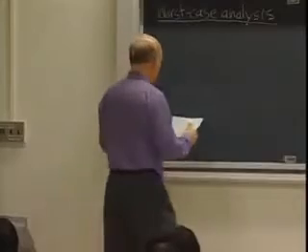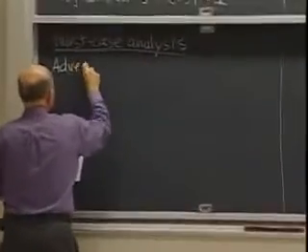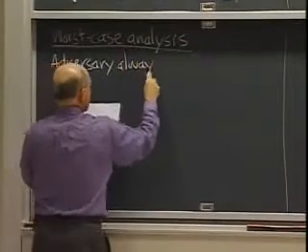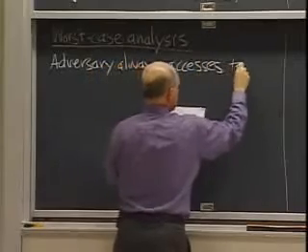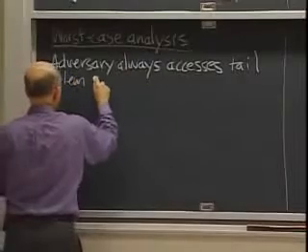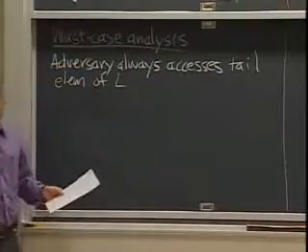Right? So the adversary always accesses the tail element of L, no matter what it is, no matter how we reorder things.